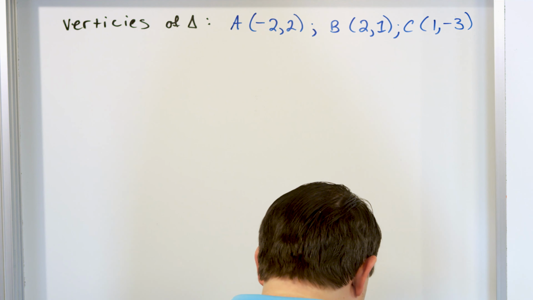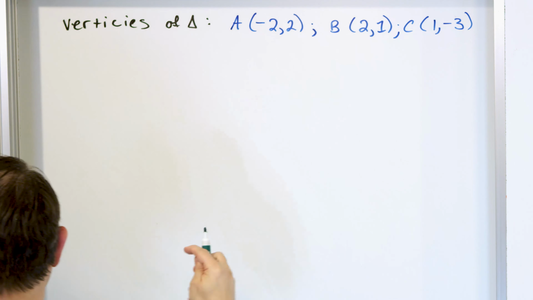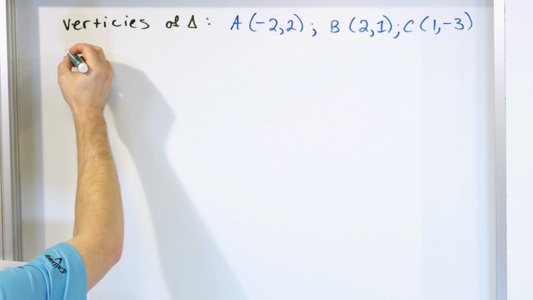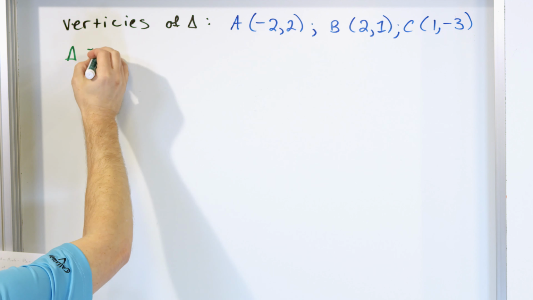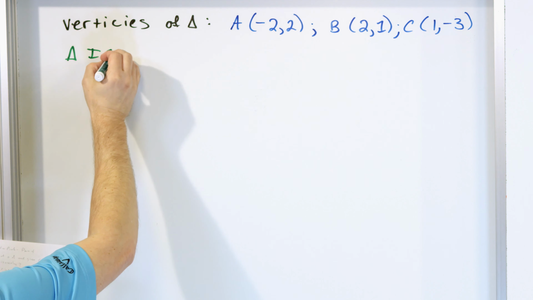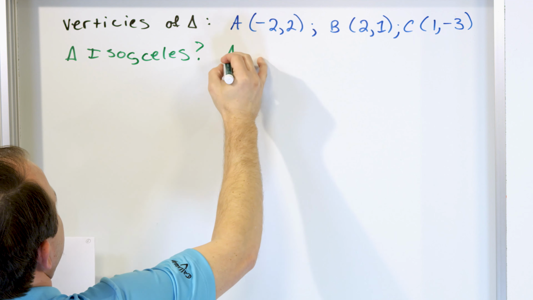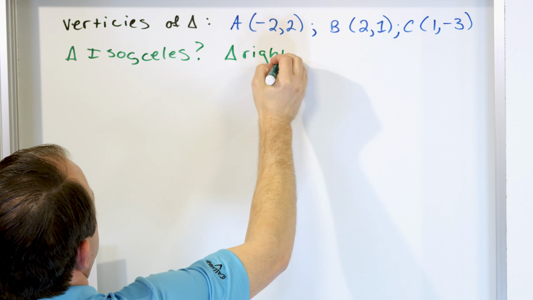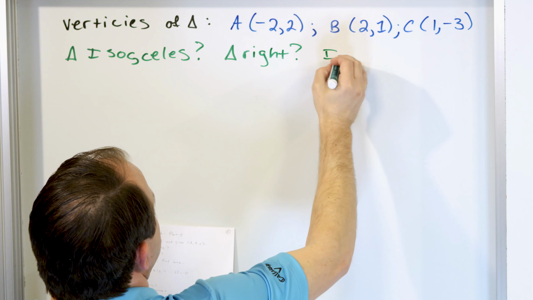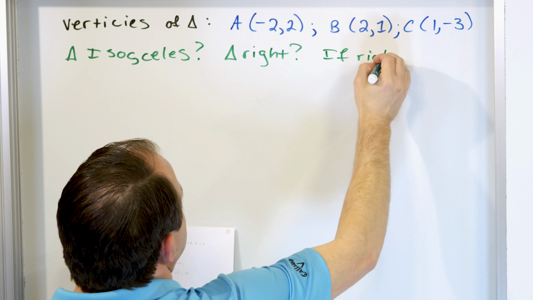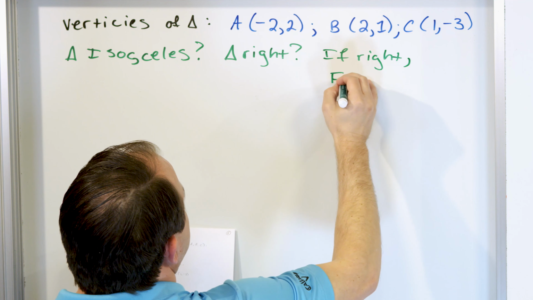And there's basically three things we want to figure out. The first thing is, is this triangle isosceles? Is this triangle right? And if it's a right triangle, find area.